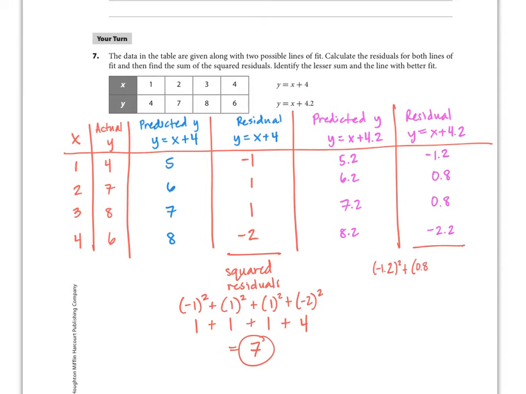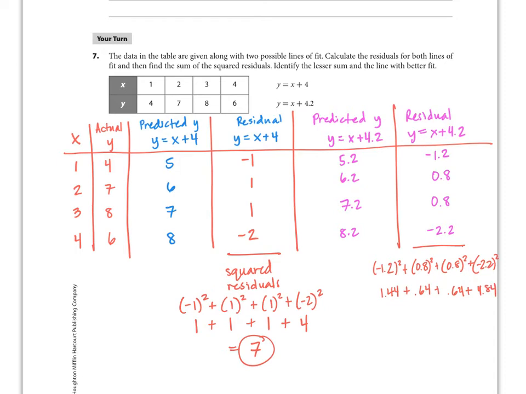Plus 0.8 squared, 0.8 squared, and negative 2.2 squared. And from there, it becomes 1.44, 0.64, 0.64, and 4.84.